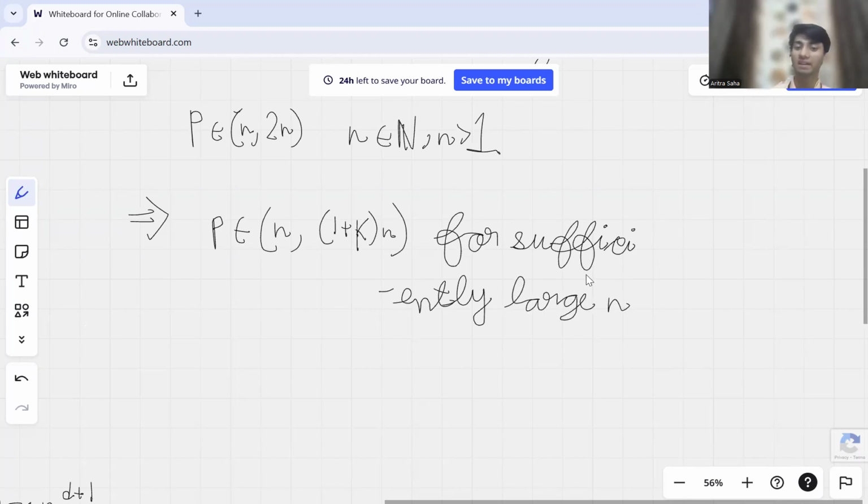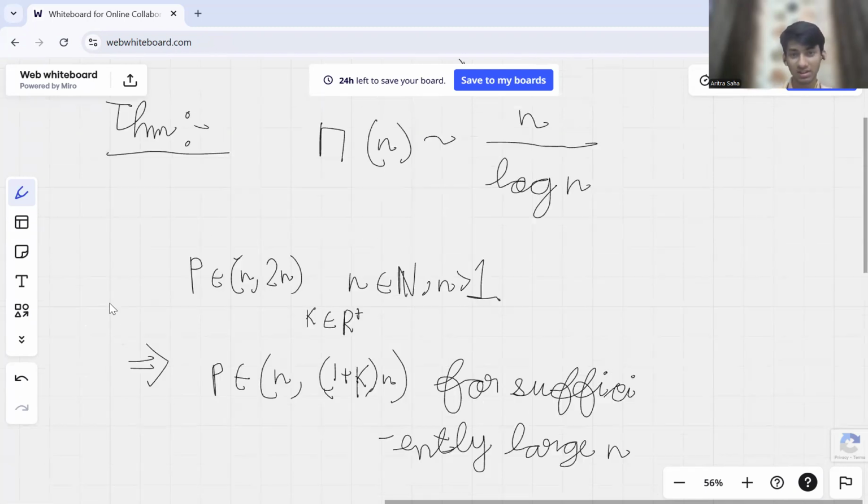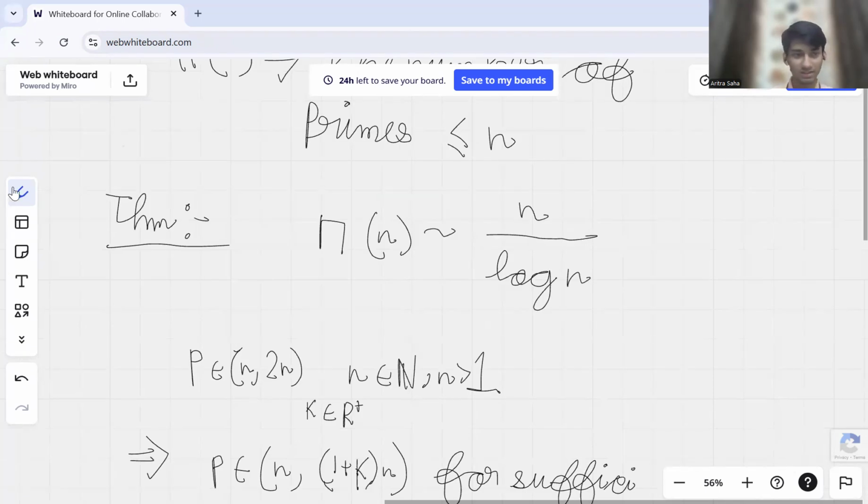So after a point, for any k greater than 0, I'll just write k belongs to R plus, we'll have a prime which exists between n and (1 plus k) times n for sufficiently large n. Can you guys try to prove this using the prime number theorem? I'll just highlight this theorem.